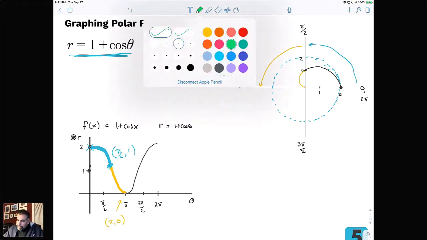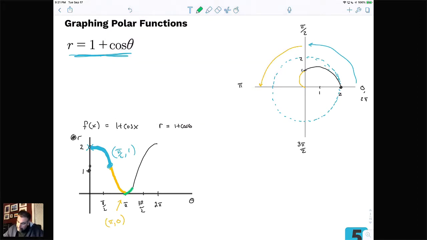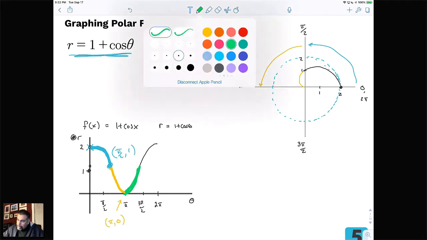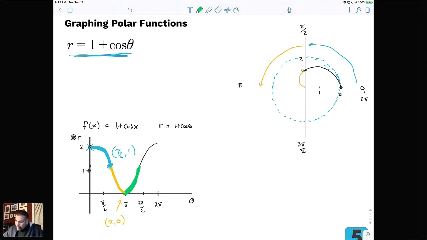So now this time, I'm going to break it from pi to 3 pi over 2, which is basically going to take us from here to here. Over in the polar situation, that means we're trying to rotate from pi to 3 pi over 2, so we're going through that piece. But what's the radius doing this time?